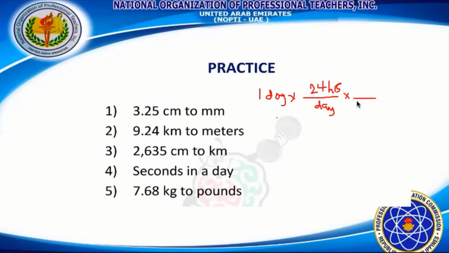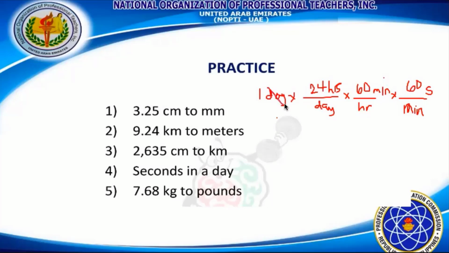Then here, 1 hour, 60 minutes. Times, here, in 1 minute, 60 seconds. We stop there because we're looking for seconds.